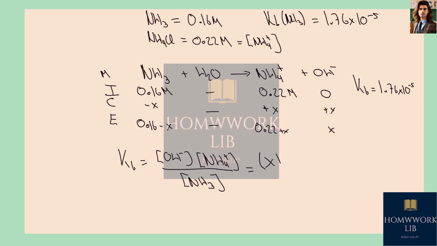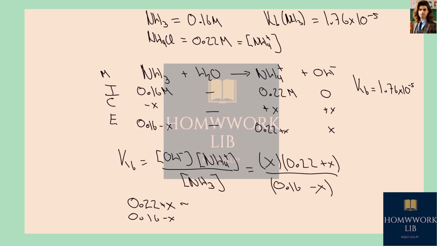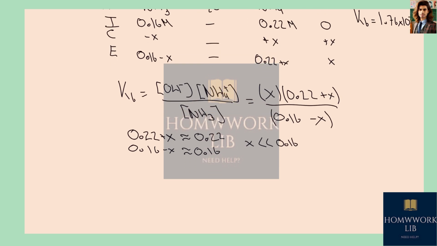This would be X, 0.22 plus X, and 0.16 minus X. We can approximate that 0.22 plus X and 0.16 minus X will be approximately equal to 0.22 and 0.16 respectively, because we are thinking that X is going to be much, much smaller than 0.16. And we can verify that assumption at the very end, which means that essentially X needs to be lower or equal than 5% of 0.16.